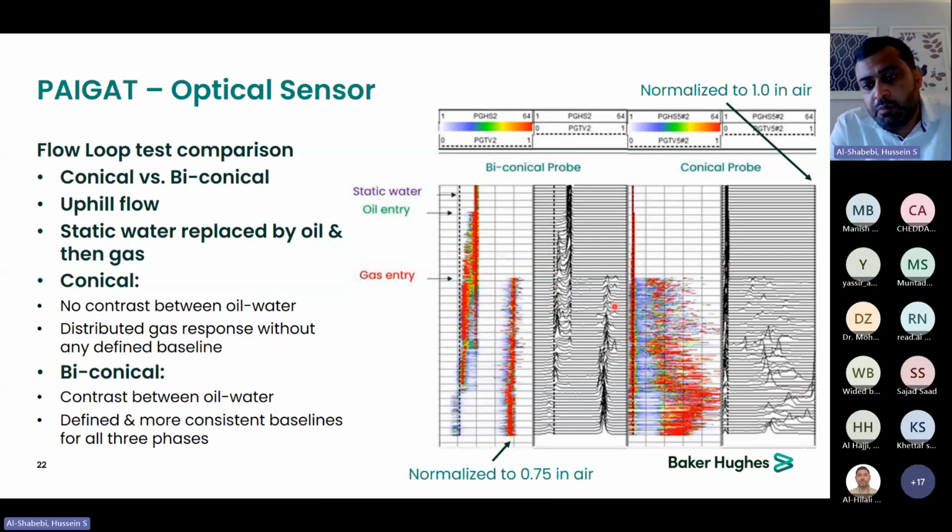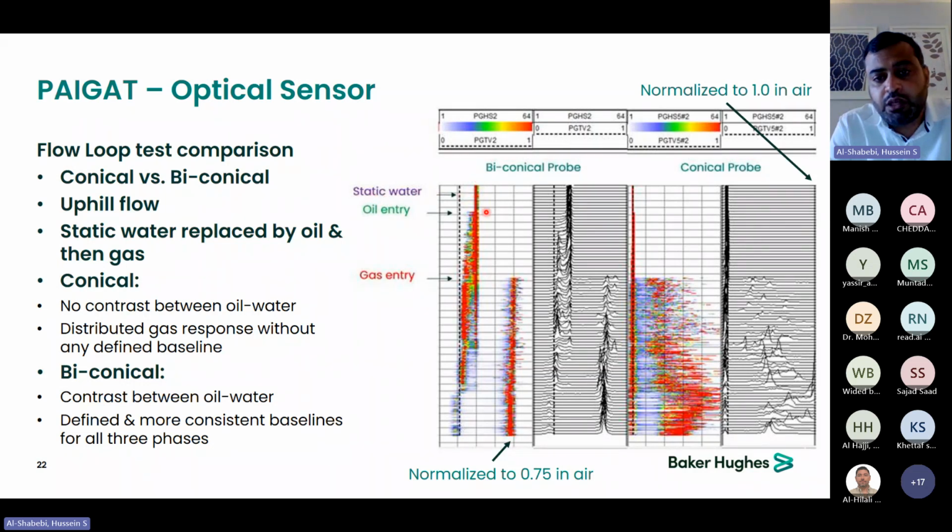This is another example from the flow loop comparing the conical and biconical. On the left side of the image, in this track and this track, is the histogram of the biconical and the waveforms, and the right tracks are for the conical probes. We started with static water inside the pipe.